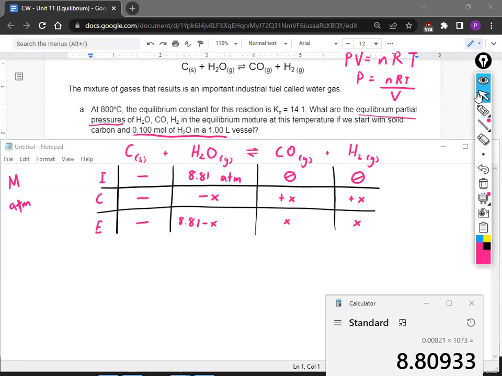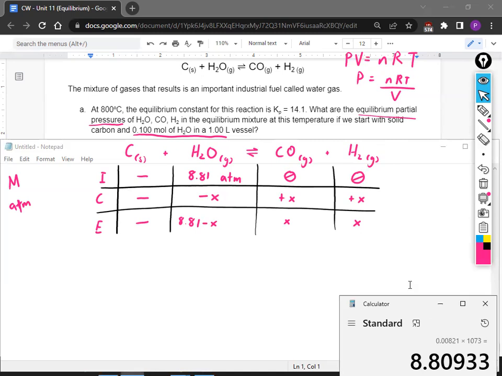All right, so that is going to be our equilibrium concentration, and we just need to calculate that out. Okay, so we know the Kp value is 14.1, and that's going to equal the concentration of CO times the concentration of H2 divided by the concentration of H2O.